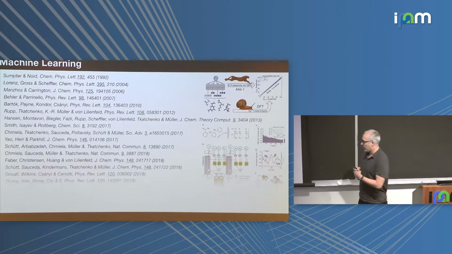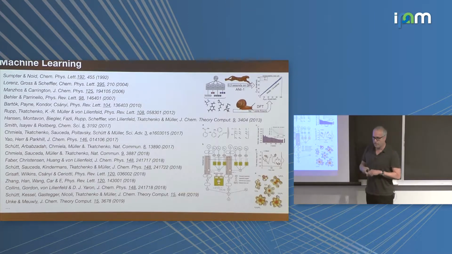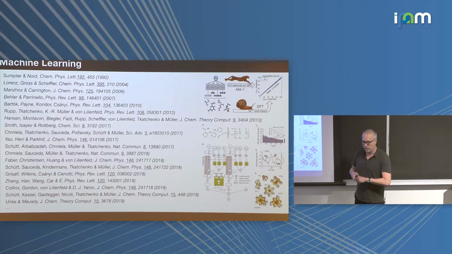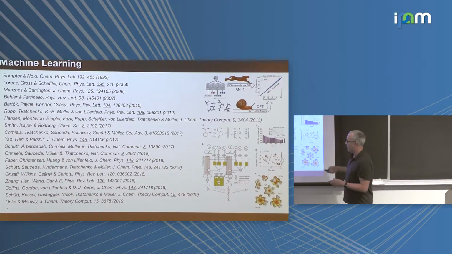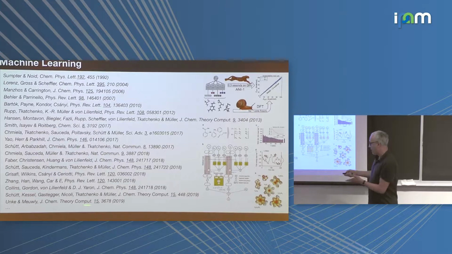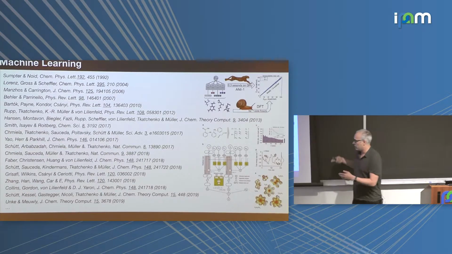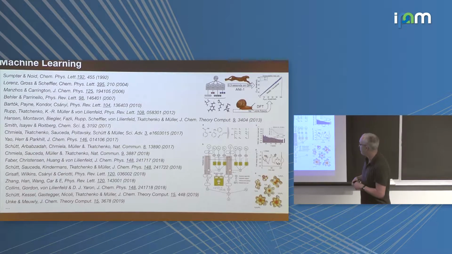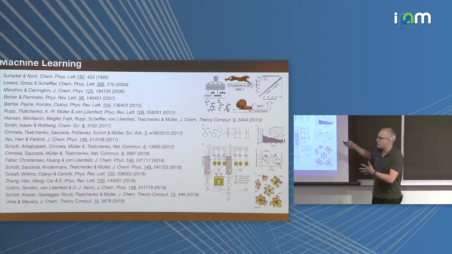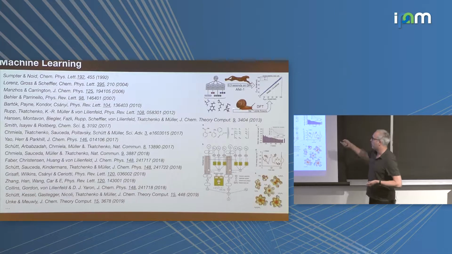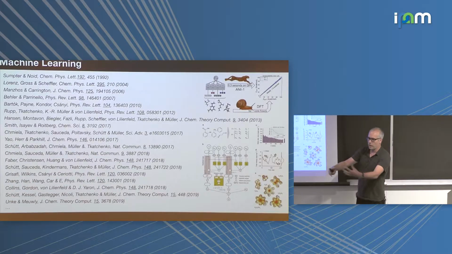And yesterday, Anatol mentioned many different approaches to solve this problem using neural networks and machine learning, starting a long time ago. And probably I missed some of the players here. It's not on purpose. But essentially what we do is that you build training sets for molecules, and then you let the machine learn how the interaction changes depending on the local environment around these atoms.